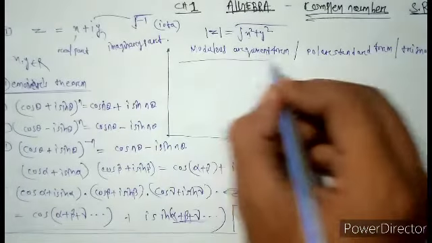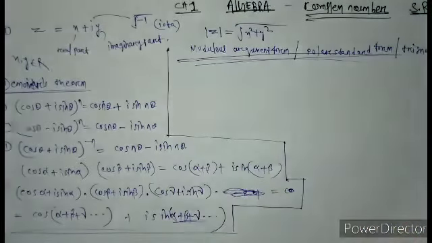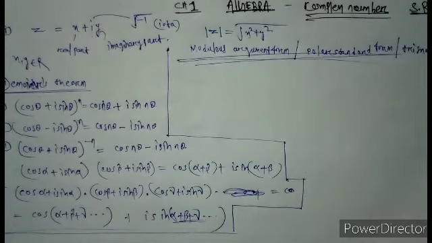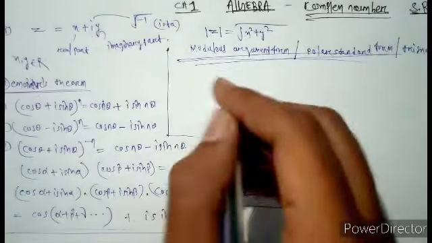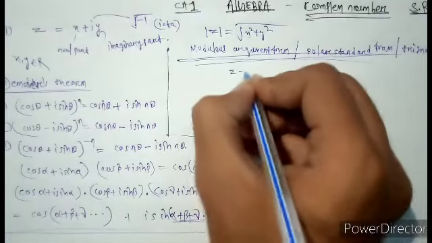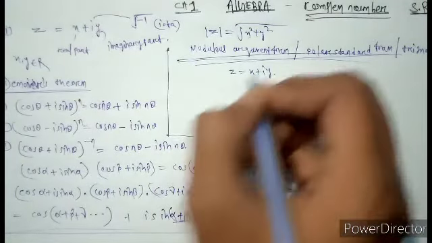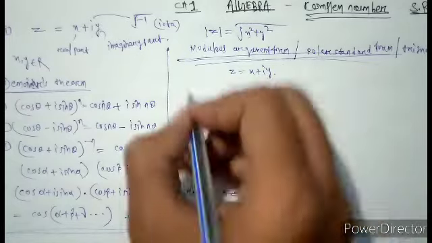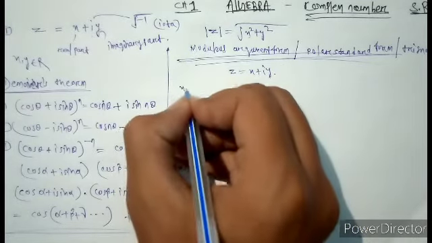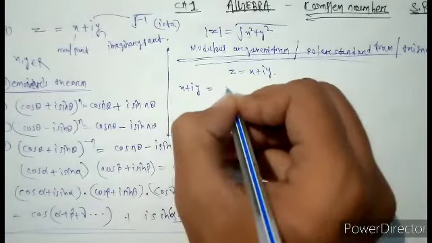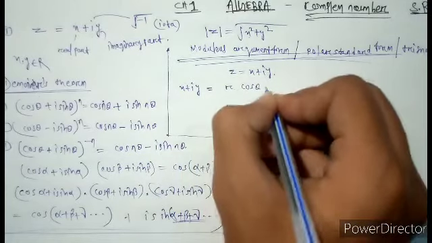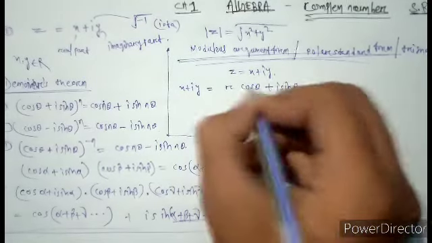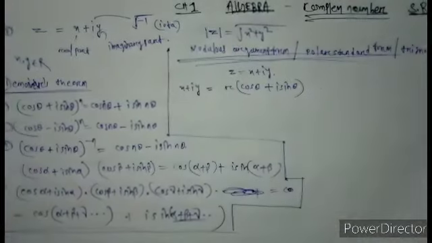Okay, we know that z is equal to x plus iy. The polar form of the complex number x plus iy is equal to r (cos theta plus i sin theta), taking r common outside.